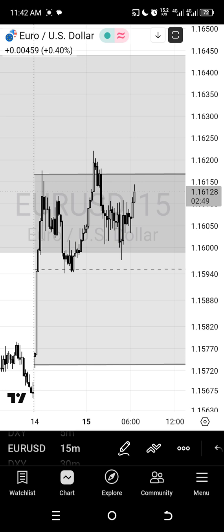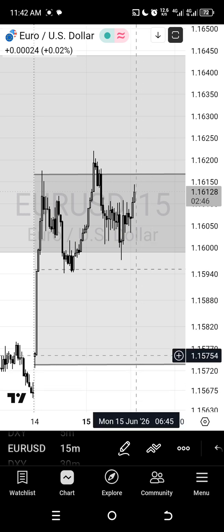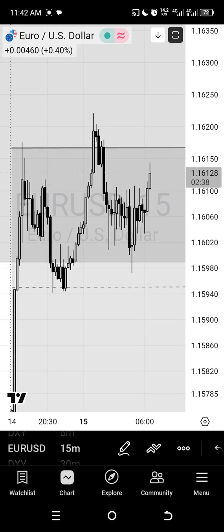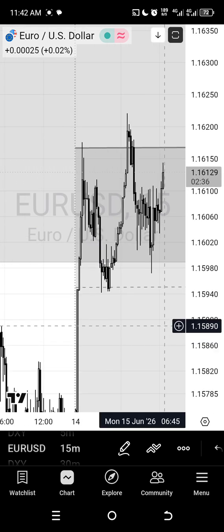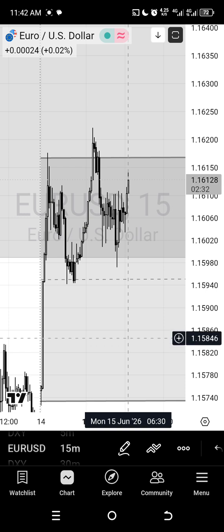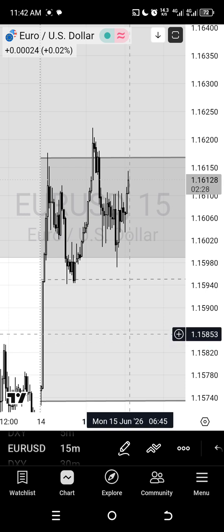We look for a model number one setup at the 15-minute time frame. If we didn't get our model number one, our job is to wait for a model number one to form at a key time, so that we can take our trades. That is our job as CRT traders.